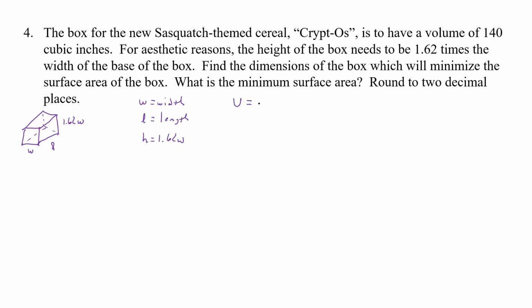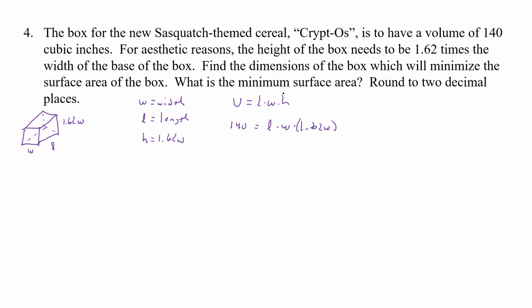Well, volume is equal to length times width times height. So we know 140 is equal to length times width times height, which is 1.62 W. All right, so that's what we have here.